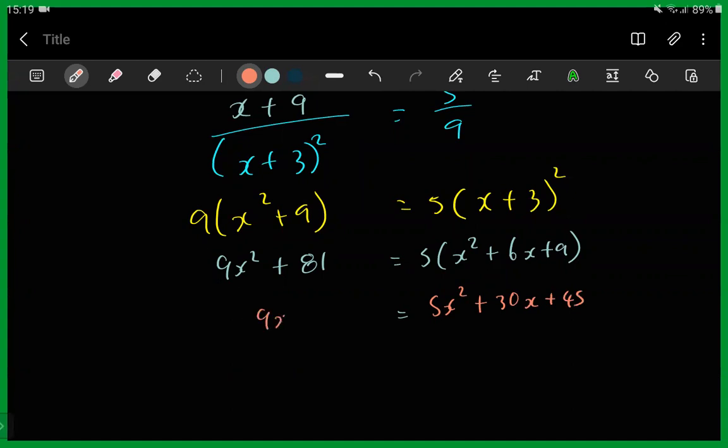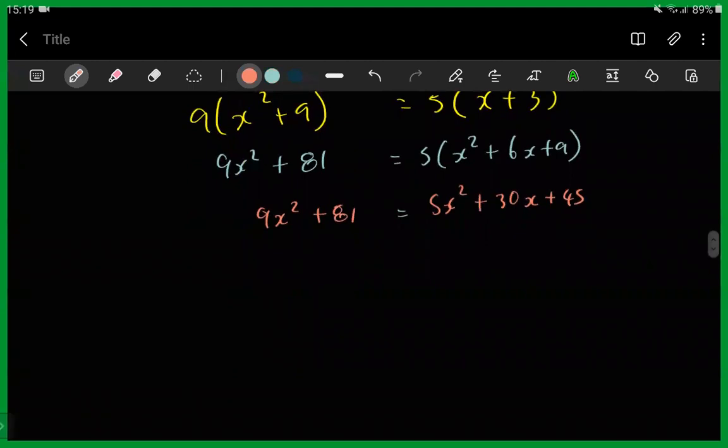Then you're gonna have 9x squared plus 81. Everything on one side, you're gonna have the 9x squared minus 5x, minus 30x and then plus 81 minus 45.